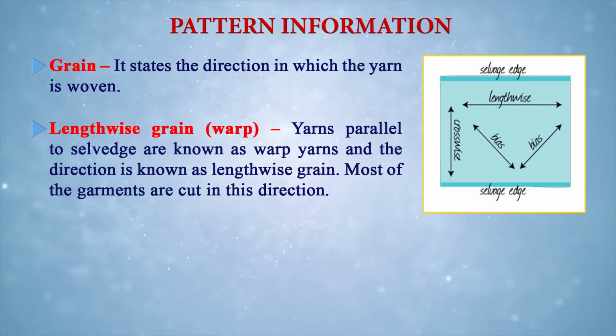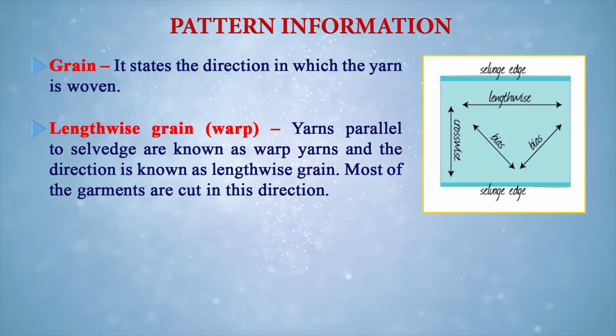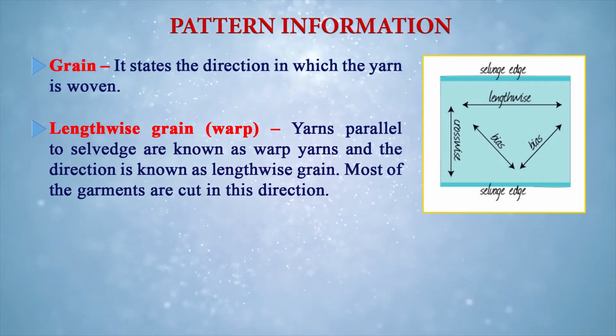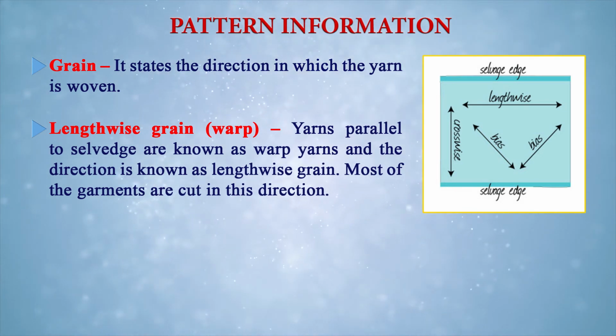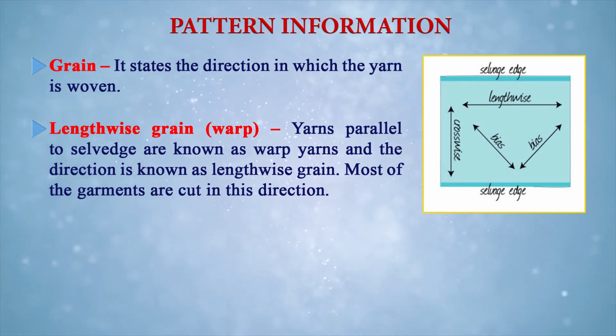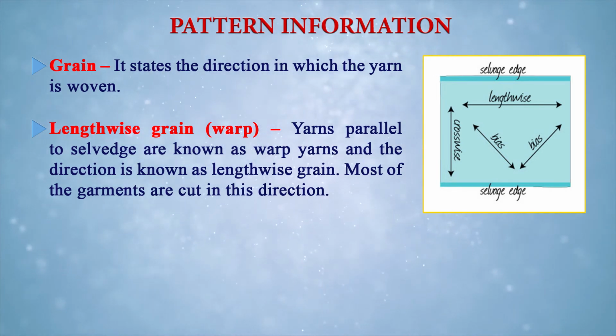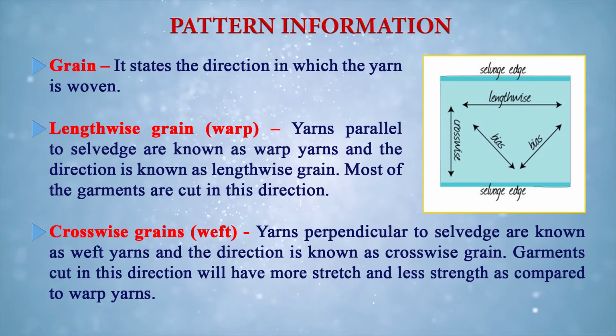Sometimes you wear a garment and it is not fitted on the body, and you do not feel that comfortable. This is because the fabric is not cut in the lengthwise grain, because on the crosswise grain the fabric gets stretched and we don't feel comfortable wearing that type of cloth. The next is the crosswise grain.